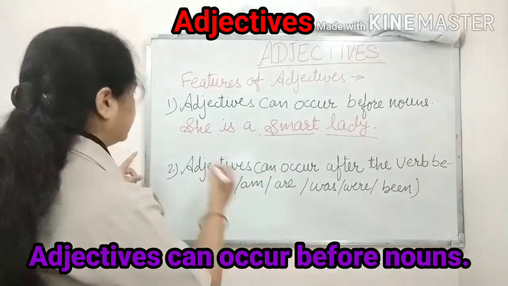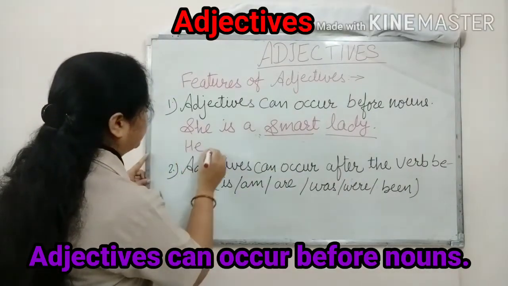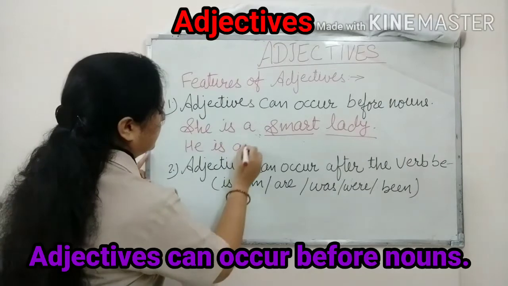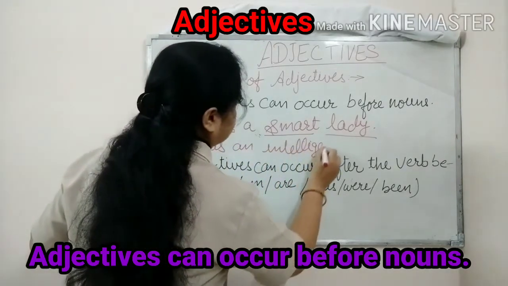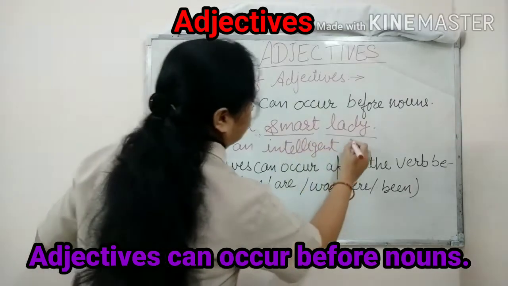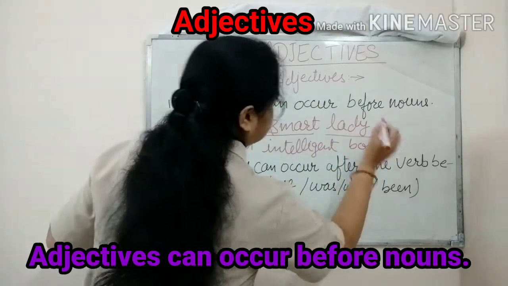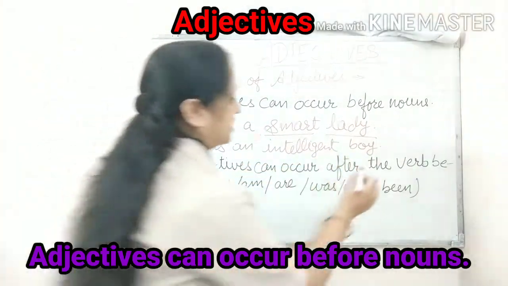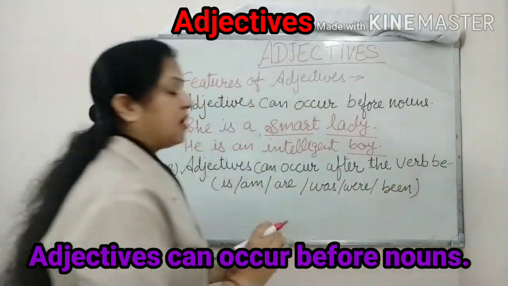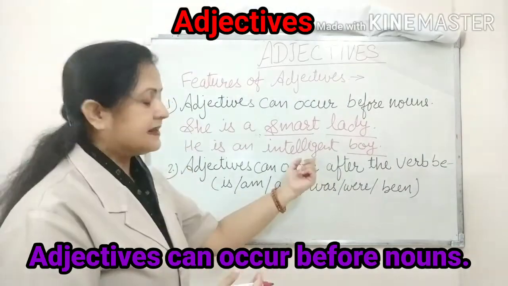Now we can take one more example here. He is an intelligent boy. In this also we can see that the noun is boy. So how is the boy? Intelligent.